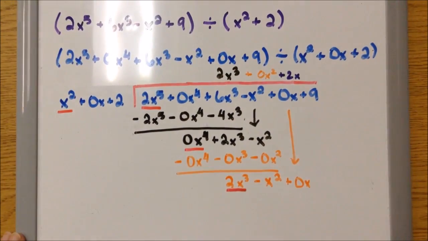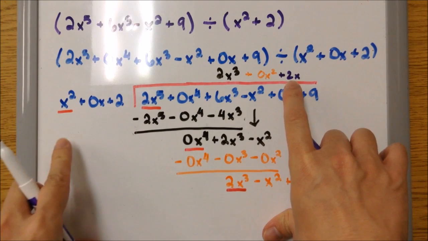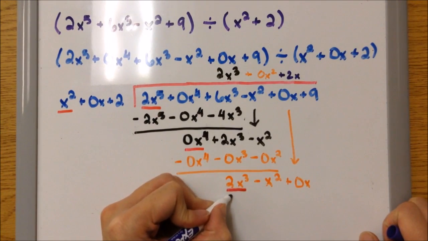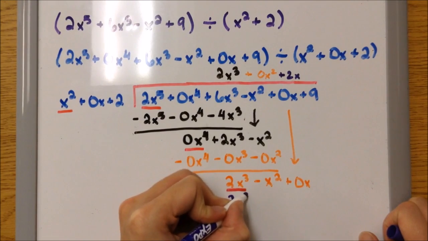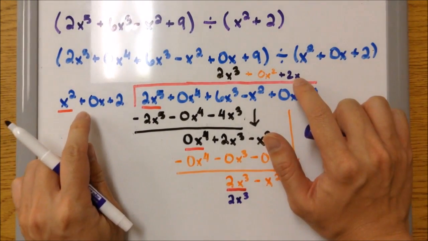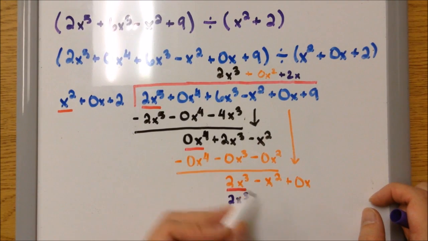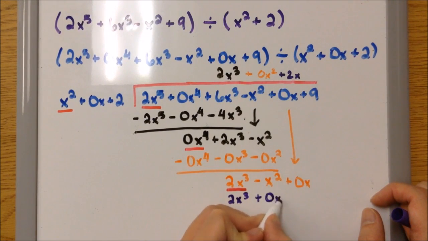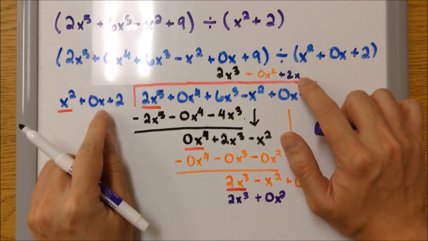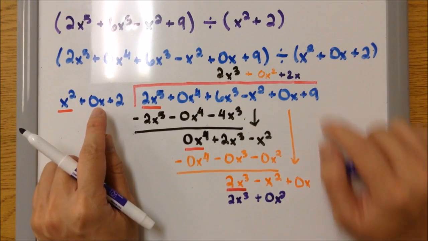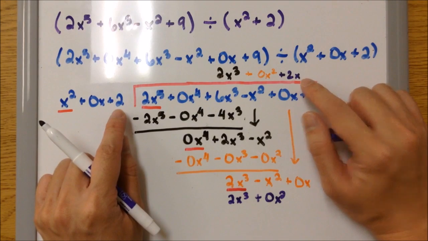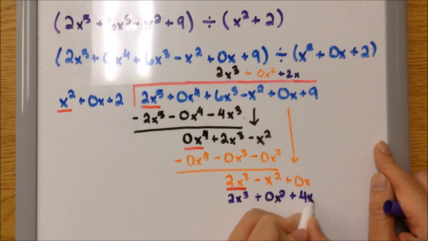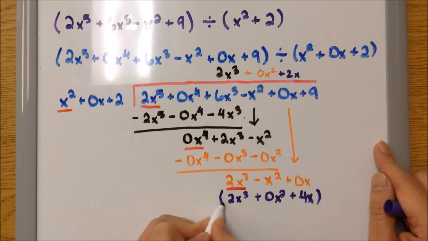So 2x times x squared is going to give us 2x to the third. And then 2x times 0x is just going to be plus 0x squared. And again, x times x is x squared, which we have right here. Now 2x times 2 is simply plus 4x, parenthesis and minus.